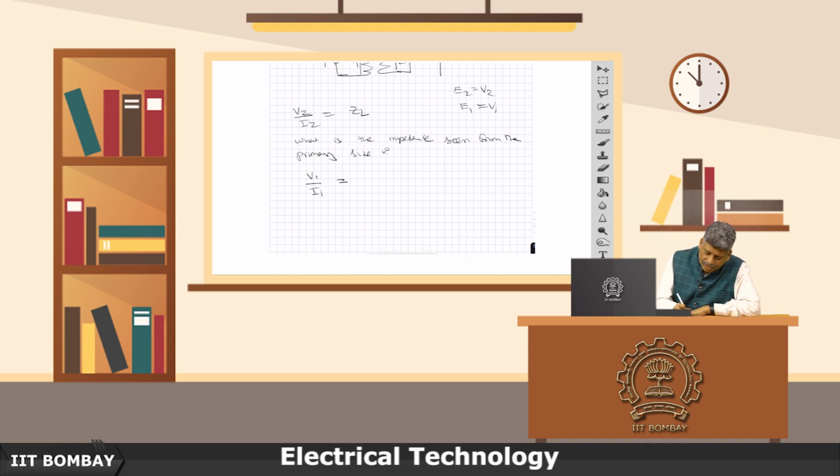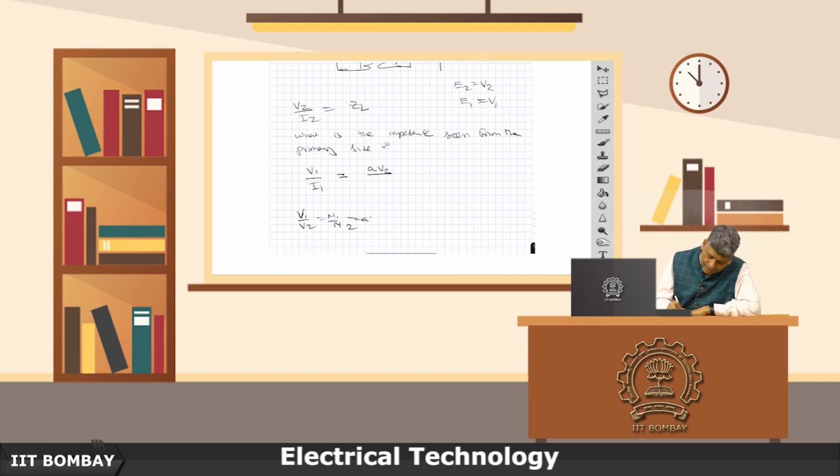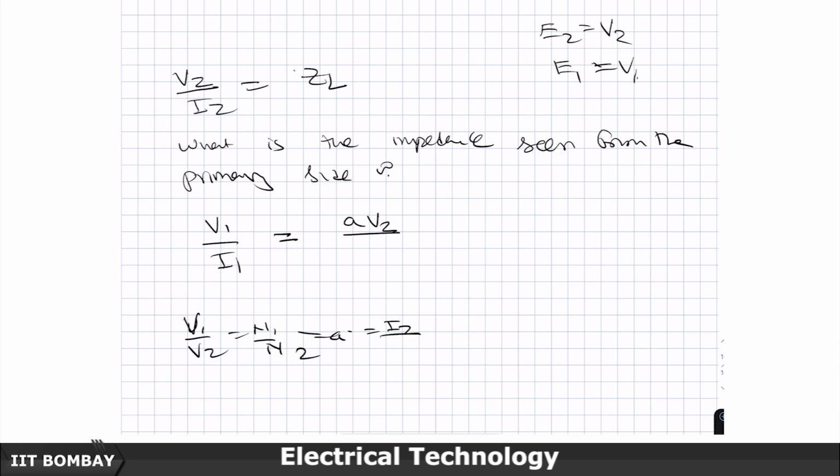Now let us see, what is V1 by V2? N1 by N2, which is equal to A. So, therefore, V1 is A times V2, and this is same as I2 by I1. So, therefore, what is I1? I2 by A. That means, all the quantities on the primary side which are required for calculating the impedance, I am now trying to write in terms of the quantities on the secondary side, because that is where I have everything available. The impedance of the secondary side is known to me.